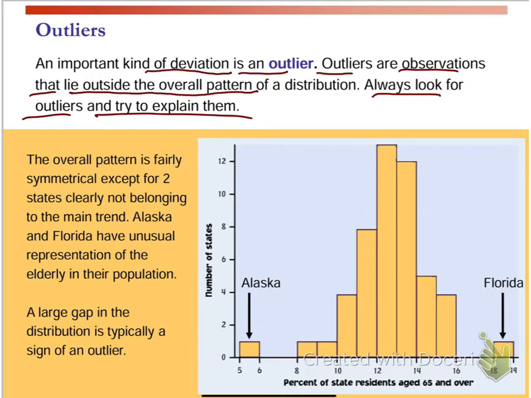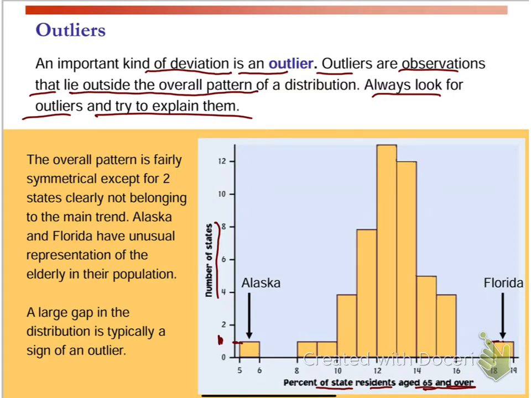For example, look at this histogram, which shows the number of states in the United States against the percentage of state residents aged 65 and over. The number of states here is only one, so one state here, and this one is also one state.